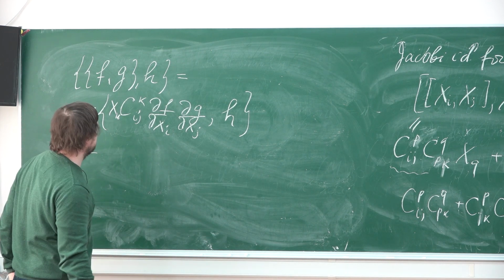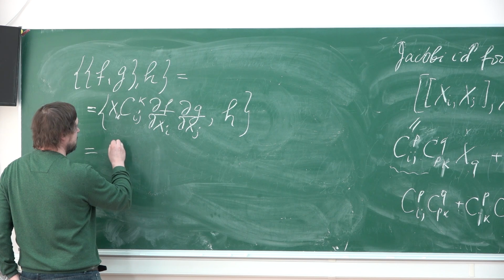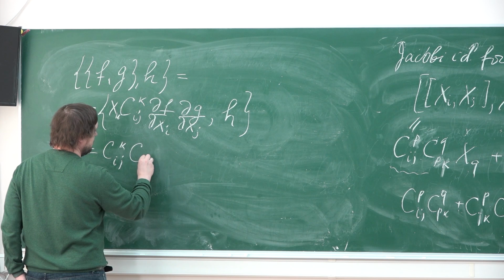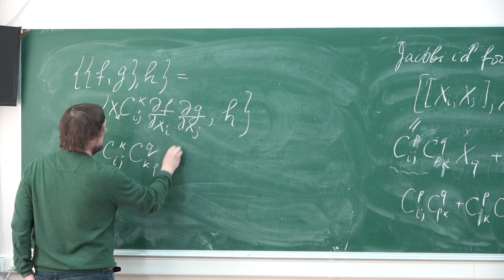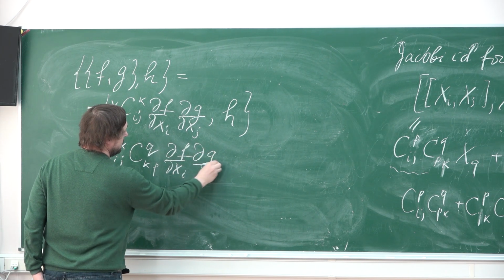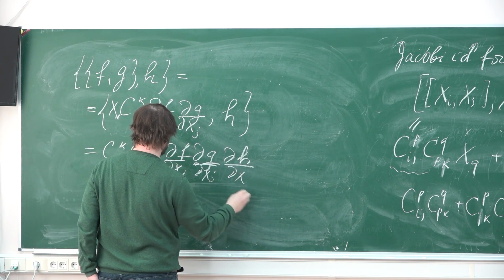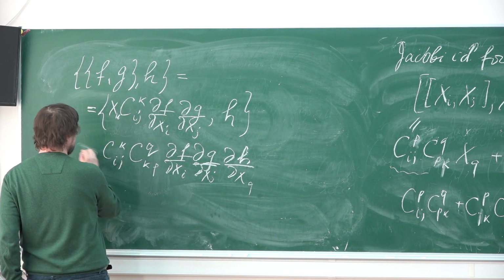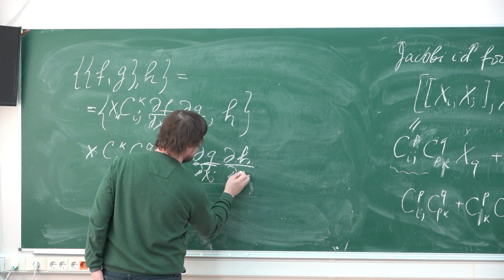So what we have looks like this. It will be equal to C^{ij}_k C^{kp}_q ∂f/∂x_i ∂g/∂x_j ∂h/∂x_q times x_p.